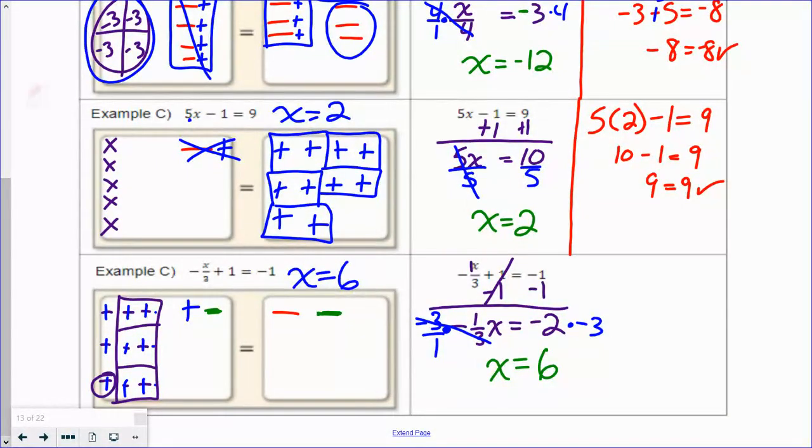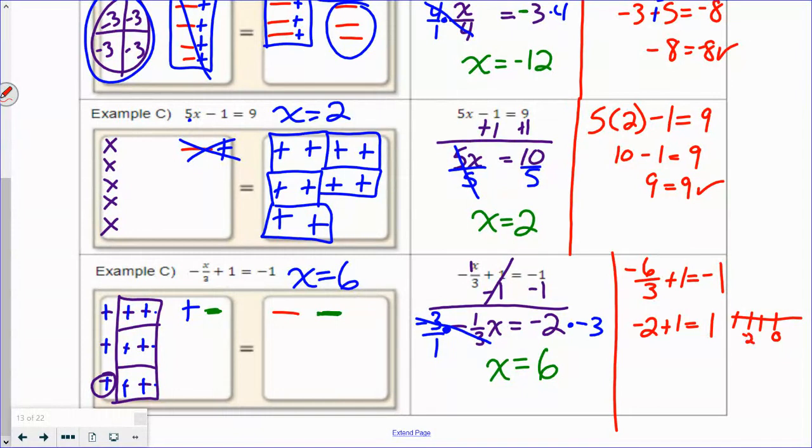So let's check it. Let's see if we get the same answer as in our model. So we have a negative 6 divided by 3 plus 1 should equal a negative 1. Well, negative 6 divided by 3 is a negative 2. If I add 1, say I'm on the number line, there's my negative 2.